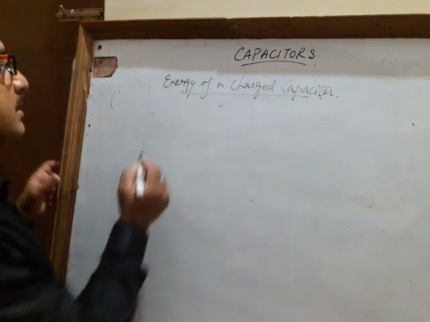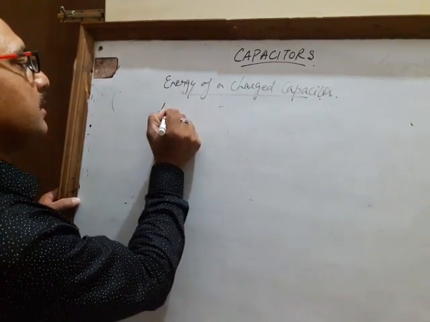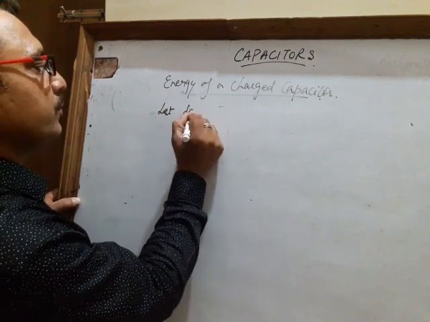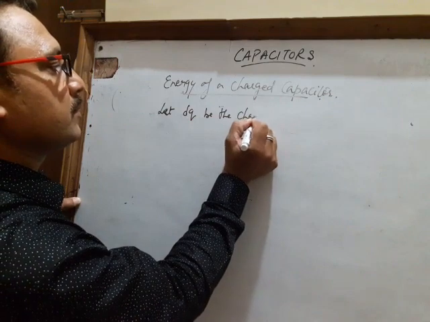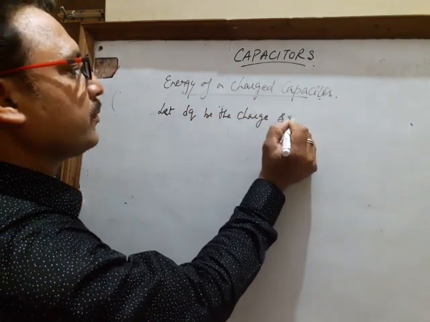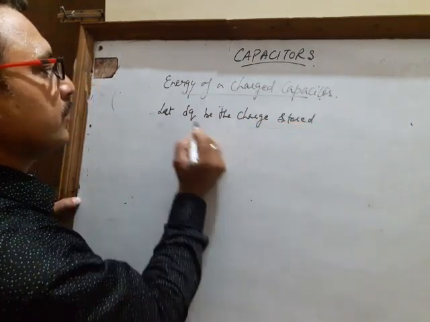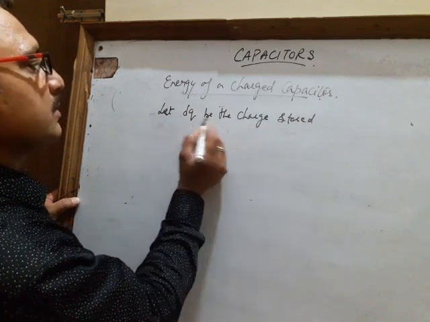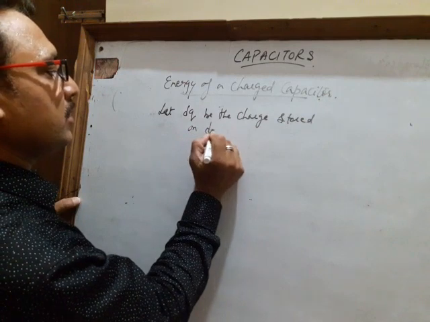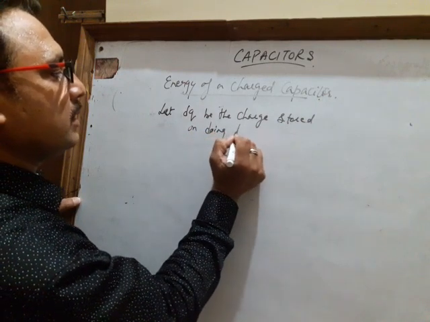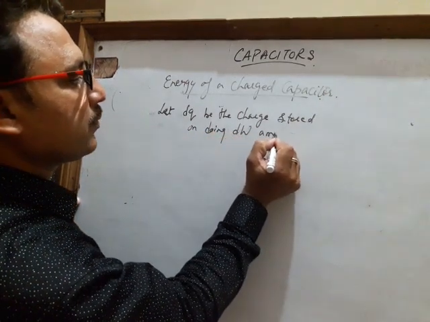So let dq be the charge stored between the plates, on doing dW amount of work.